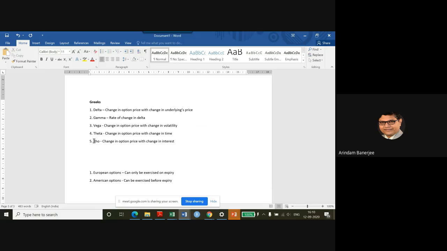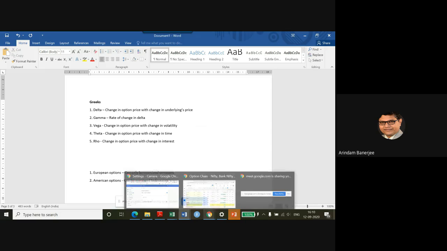Even if it changes, the change is very small, and market participants try to preempt what changes are possible. So rho is relatively unimportant for short-term options, but the other 4 are important.